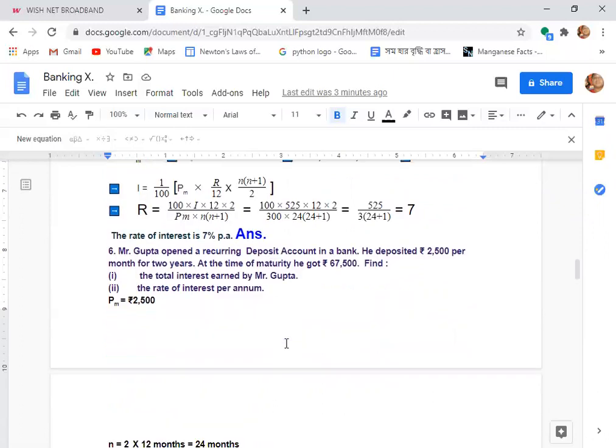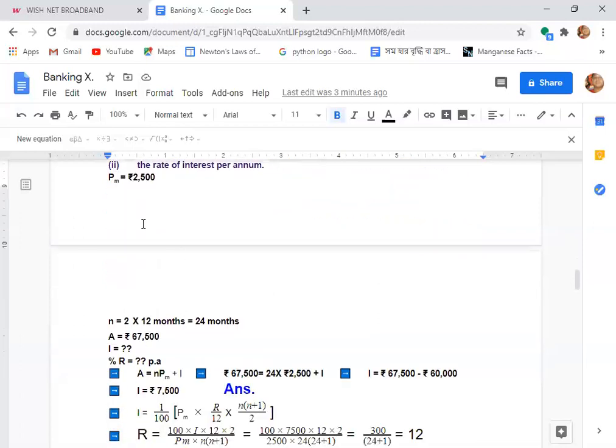Now number 6. Mr. Gupta opened a recurring deposit account in a bank. He deposits rupees 2,500 per month for 2 years. The maturity value is 67,500. Find the total interest earned and the rate of interest per annum. PM is given, and the number of installments will be 2 years, that is 24 months. The total amount, the maturity value, is 67,500.